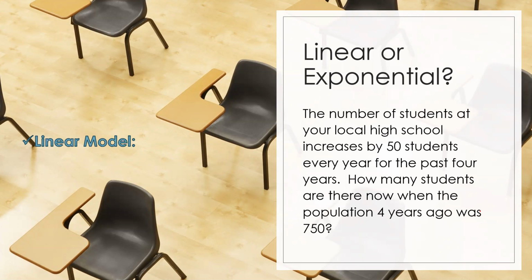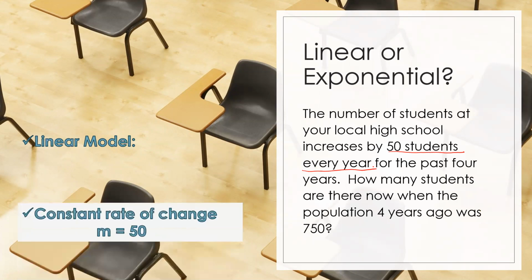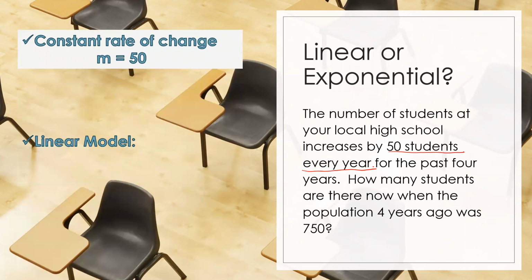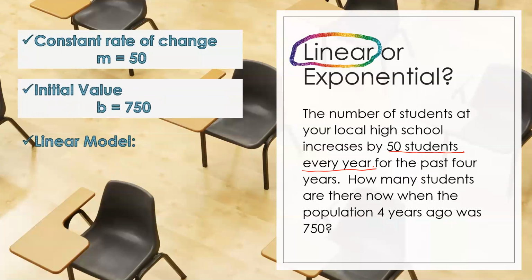Well, when you read this, you would say, what's the rate of change? That would be 50 students each year. So this is a constant rate of change, and that calls for a linear model, where M, that constant rate of change, is 50. Okay, and the initial value here is 750.